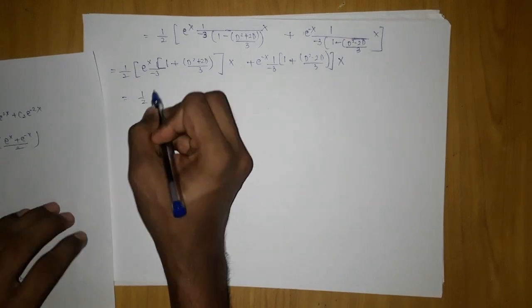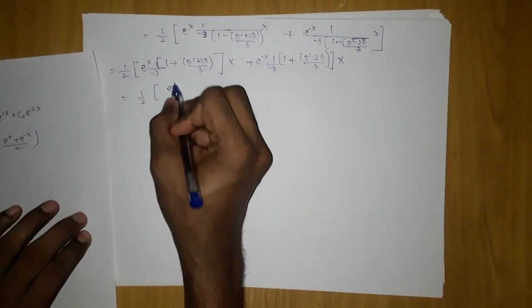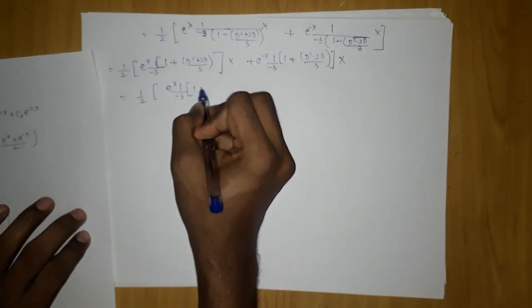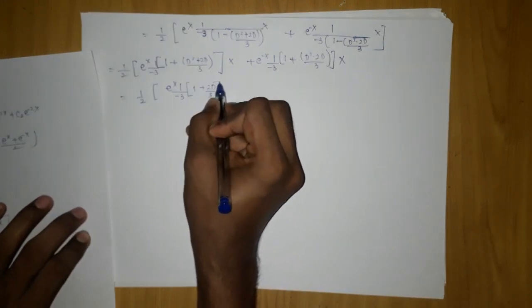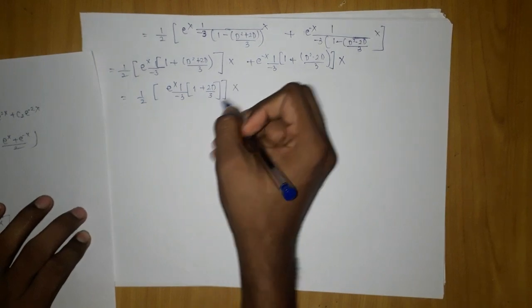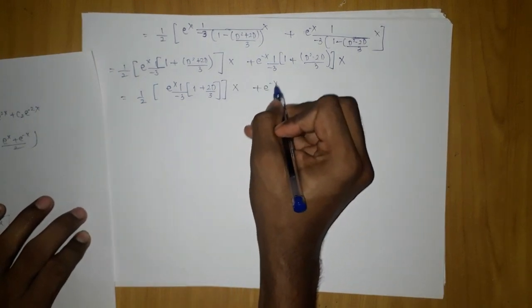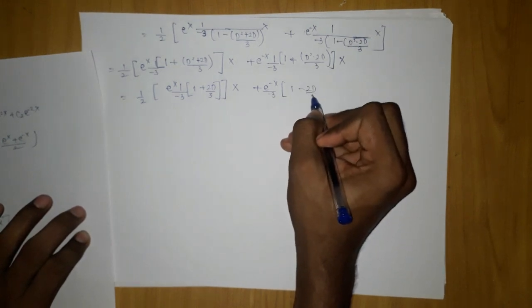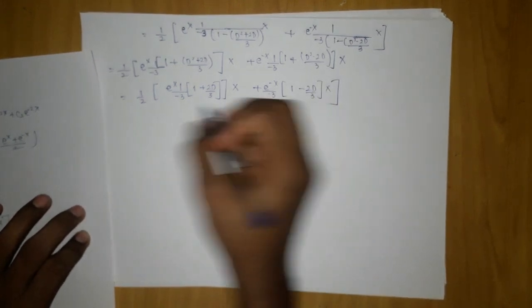After this, 1 by 2 bracket e to the power x by minus 3 bracket 1 plus 2D by 3 into x plus e to the power minus x by minus 3 bracket 1 minus 2D by 3 bracket x bracket close.